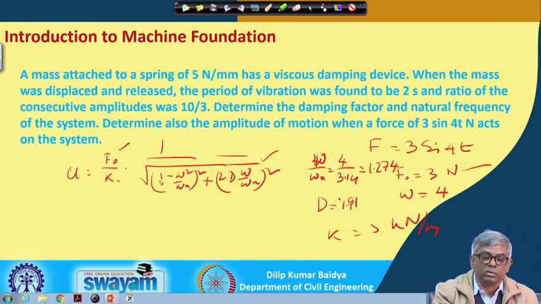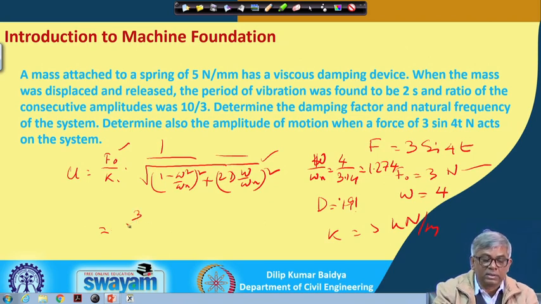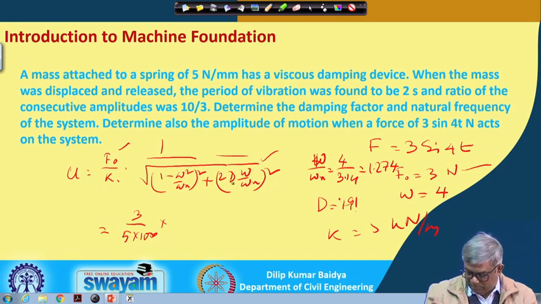If I put all those in this expression, then you will get 3 divided by 5, multiplied by, since both are expressed in Newton, this expression which comes to 1.263.